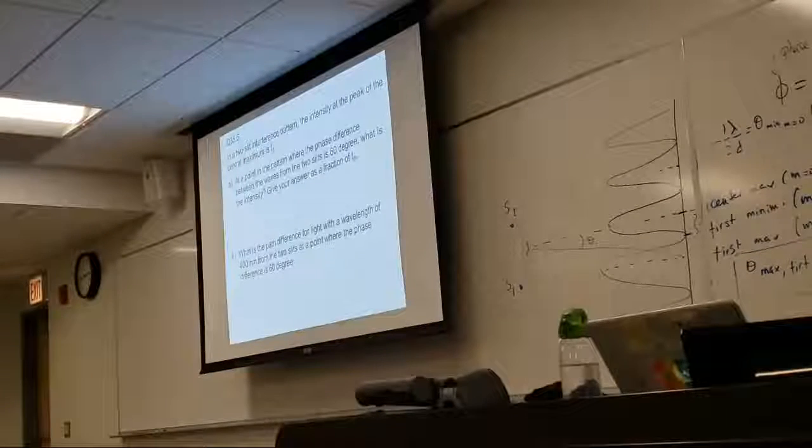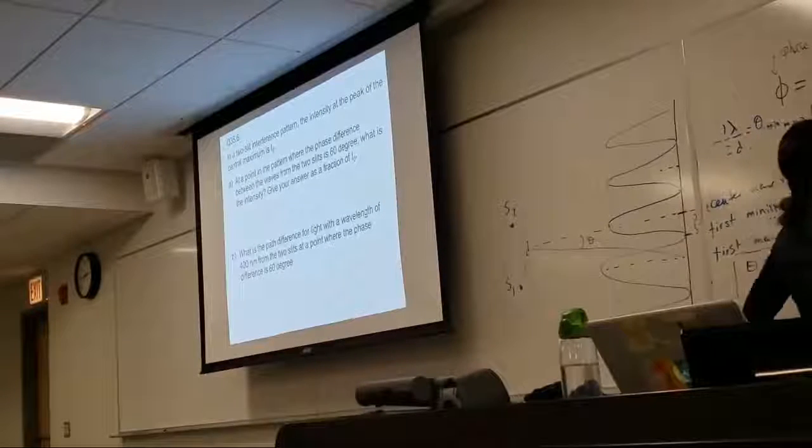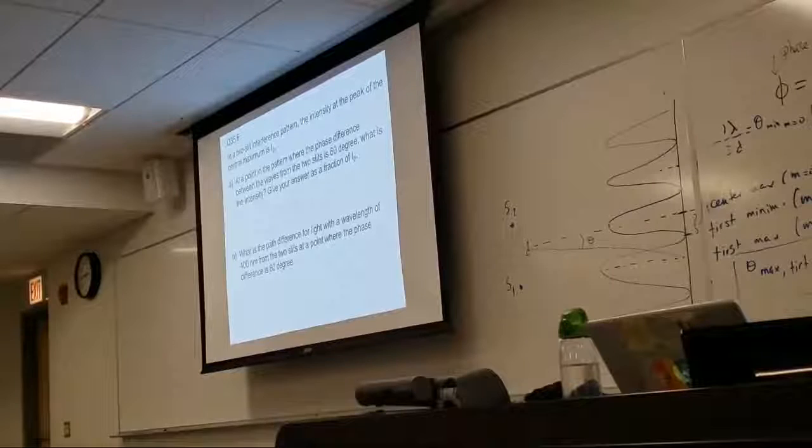Again, I is equal to I0 cosine squared of phi over 2, where phi is the phase difference. If the phase difference is 60 degrees, then what is the intensity?